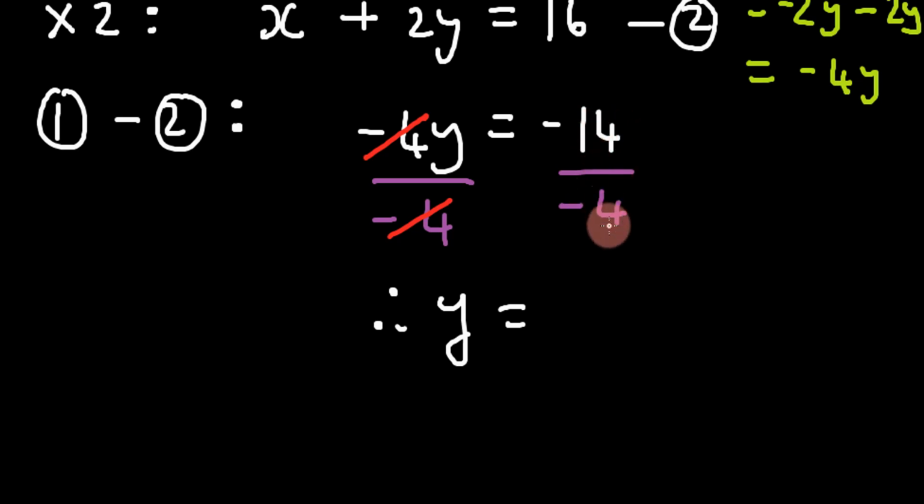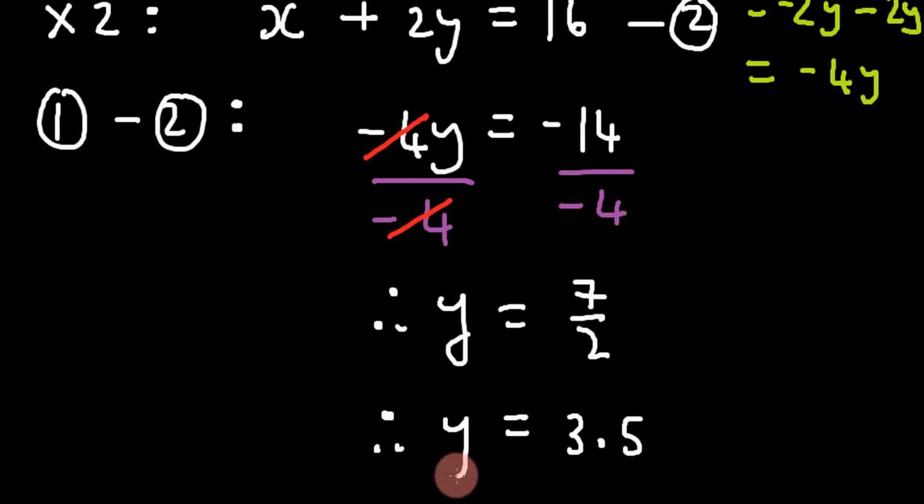So 14 divided by 2 is the same as 7 over 2. 2 into 14 7 times, and into 4 twice. And this, of course, is 3.5. So we have the value of y.